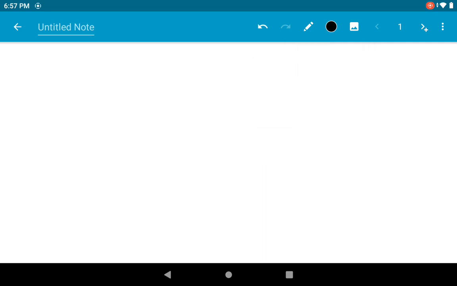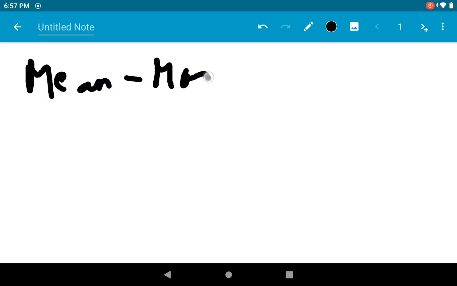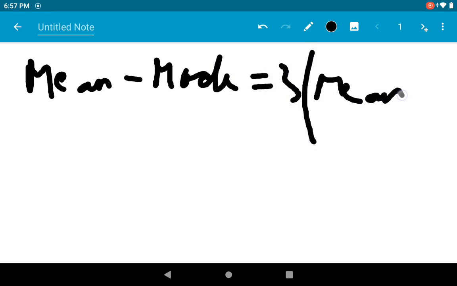If the mode of some observations is 10 and the sum of mean and median is 25, so mode is given to us as 10. We know the empirical relationship: mean minus mode equals 3 times mean minus median.